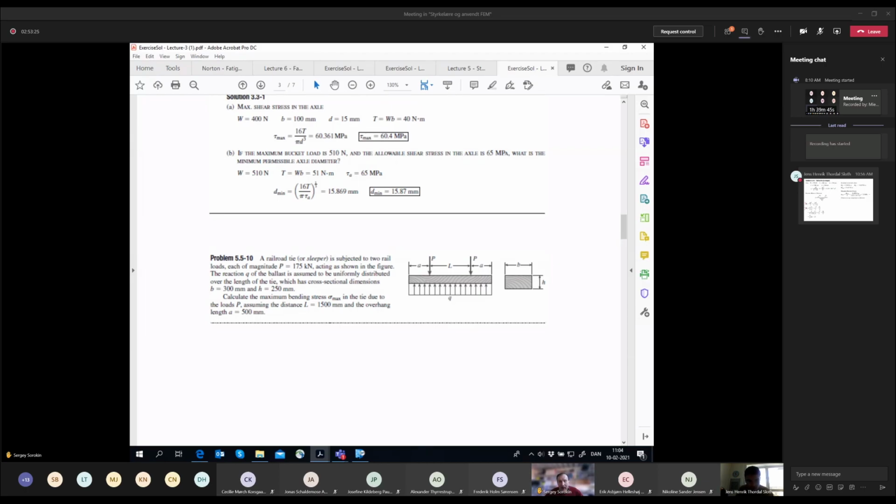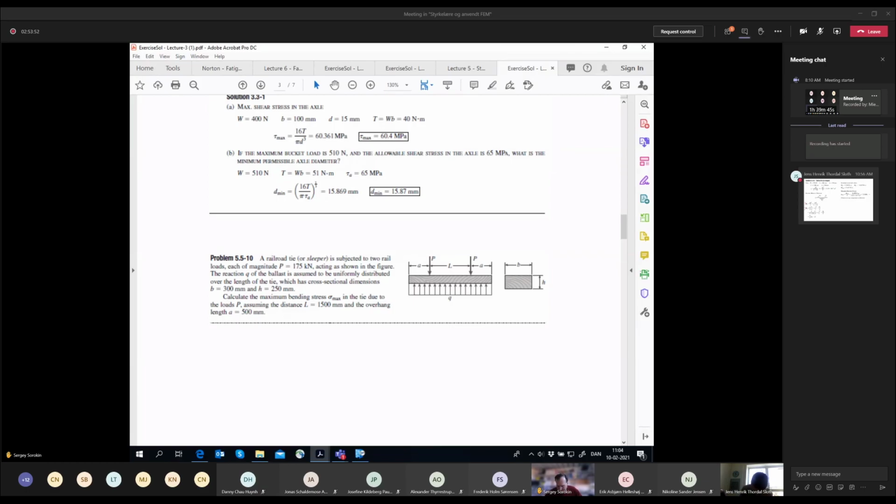Yes, the arm is half of x. And it must be 0. And of course, you forgot the minus in front of q, because this is rotation clockwise.